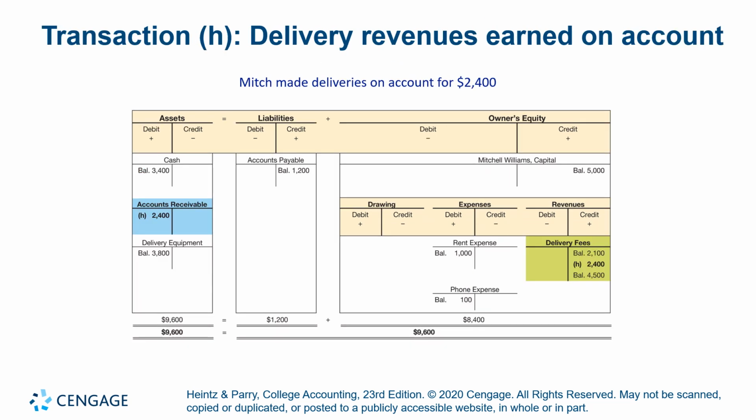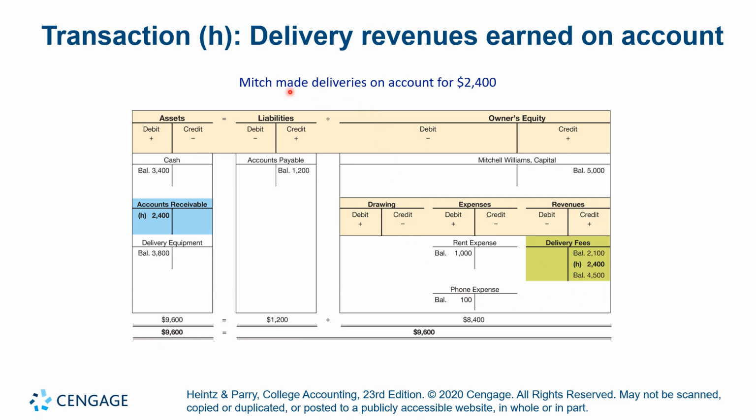In transaction H, Mitch made deliveries on account for $2,400. So we recognize the entire amount as revenue. And then under my delivery fees T chart, I'm going to increase it on the credit or the right side by $2,400. So my new revenue balance is $4,500.